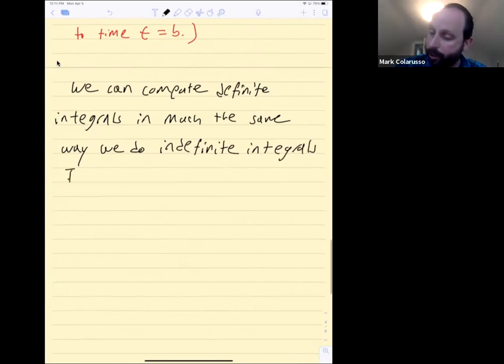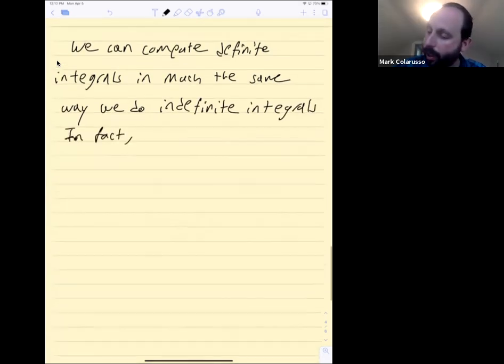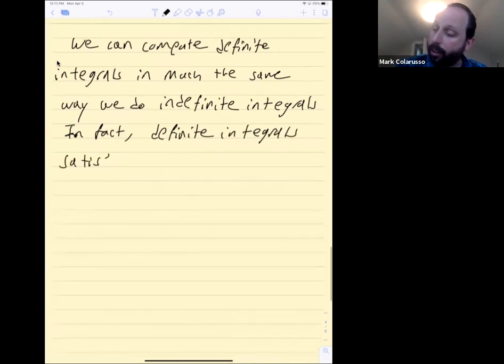In fact, definite integrals satisfy many of the same properties.